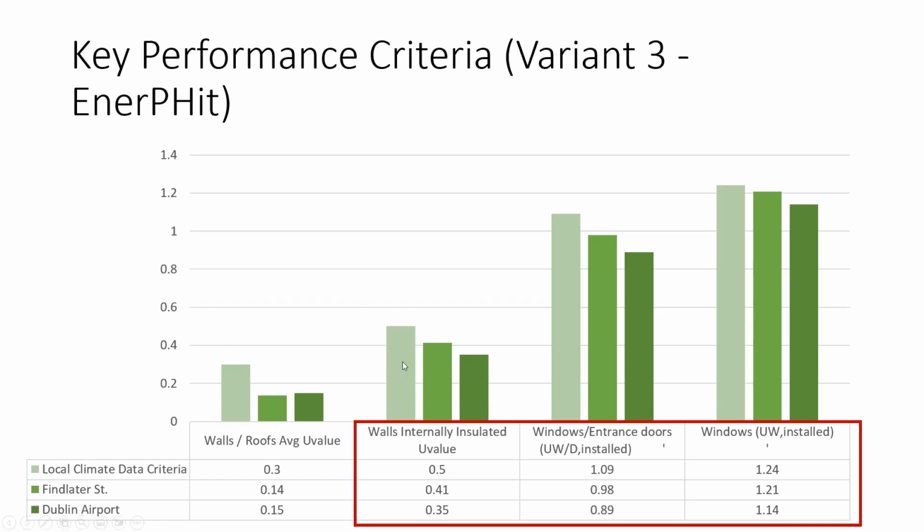But you'll see the lighter green color is the criteria based on local climate data. So we're in between. We have achieved it based on local data, but not achieved it based on Dublin data. And the same goes for our windows, including the doors, and our windows on their own. The specification of the windows would have to be much better, and the door, in fact, would have to be much better to have achieved Retrofit based on your Dublin Airport data.